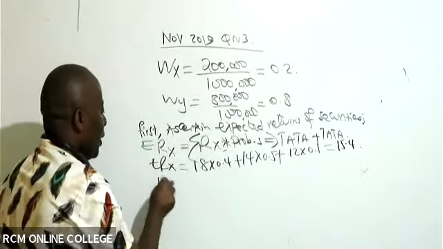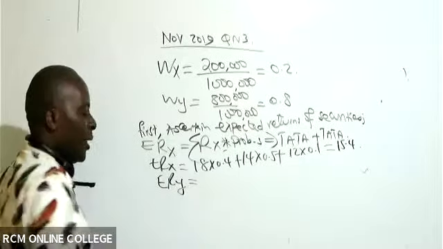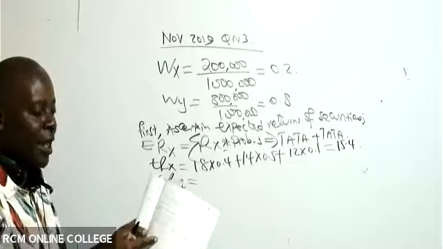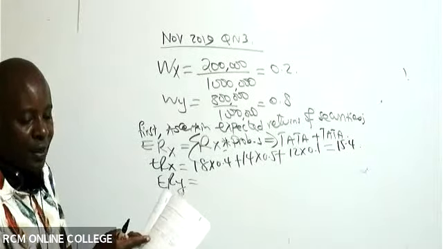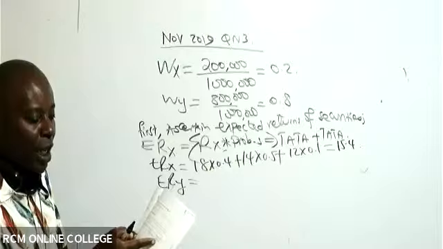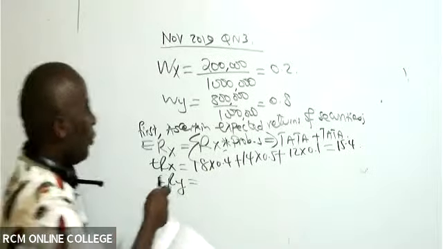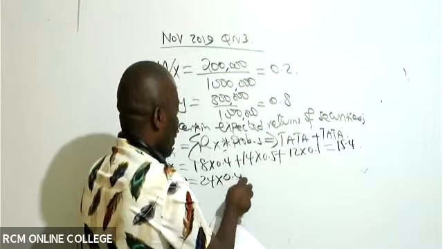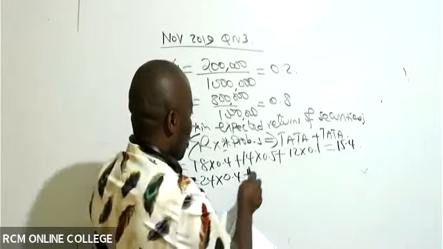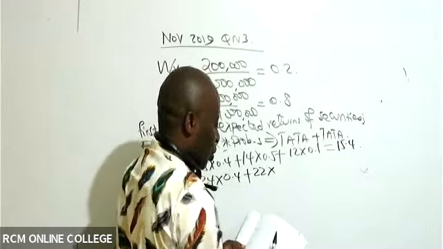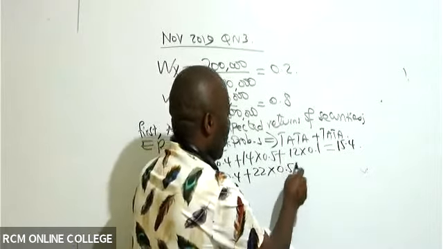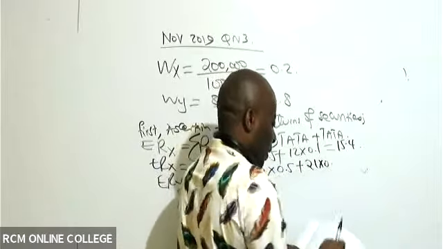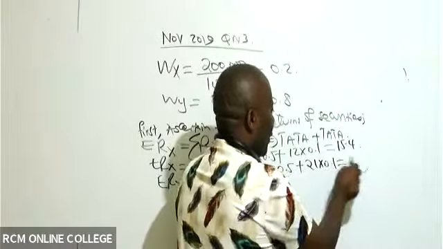So from there we have expected returns of Y. You see, the probabilities are the same. So now we are simply taking the actual returns of Y times these. So we have 24 times 0.4 plus 22 times 0.5 plus 21 times 0.1.